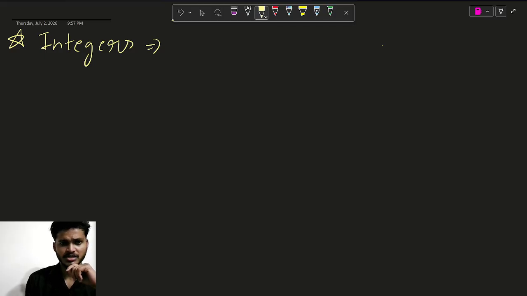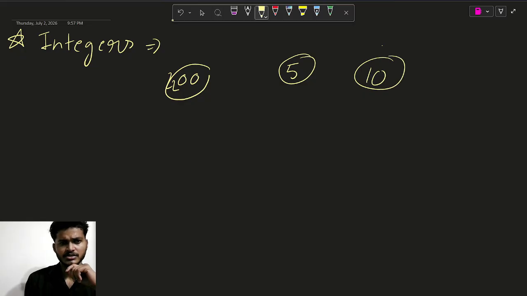Suppose I'm asking you for 200 rupees, so this 200 is positive in nature. Or five pence, or you are on the road and you are watching 10 cars over there. So these all numbers are in positive state. The nature of these numbers is positive.